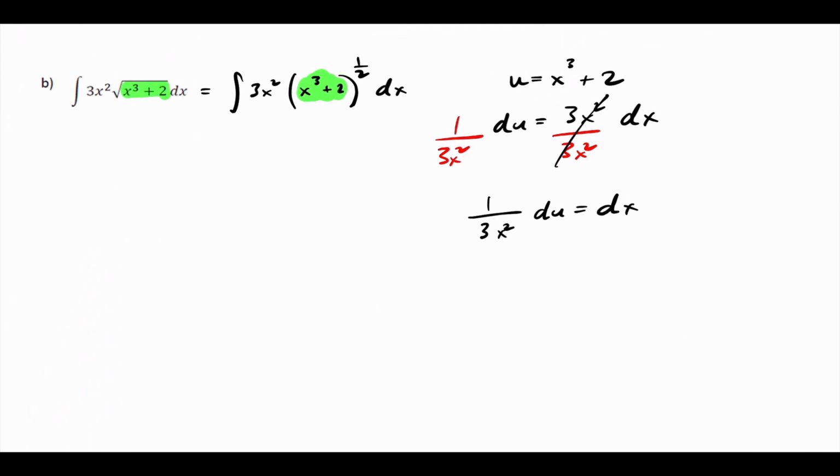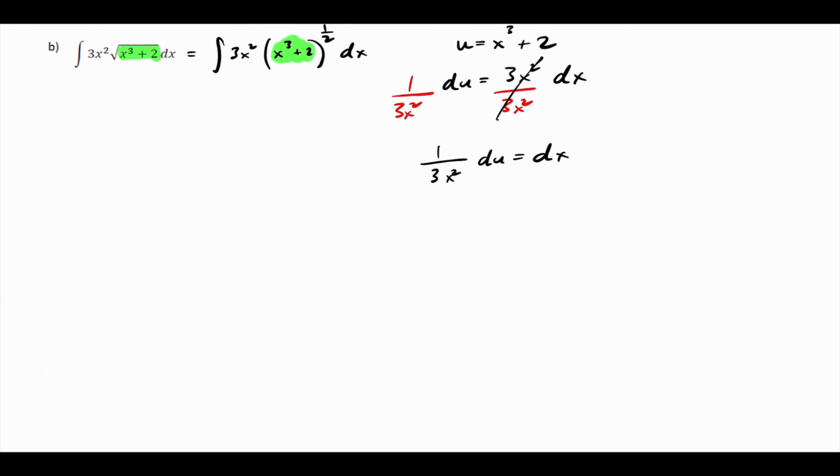Substitution time. So I'm going to move in. Anywhere I see an x to the third plus 2, I'm going to put a u. And everywhere I see a dx, I'm going to put 1 over 3x squared. Okay.